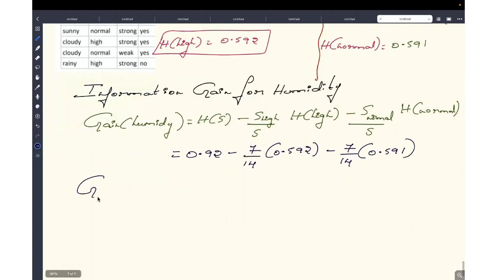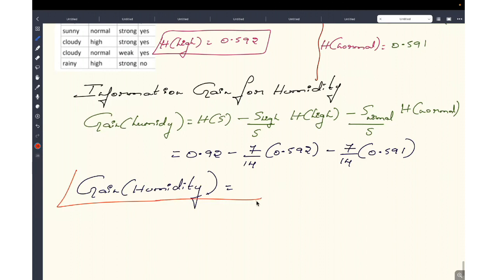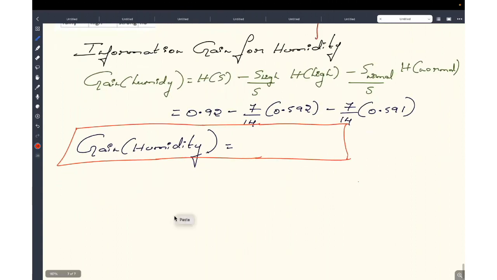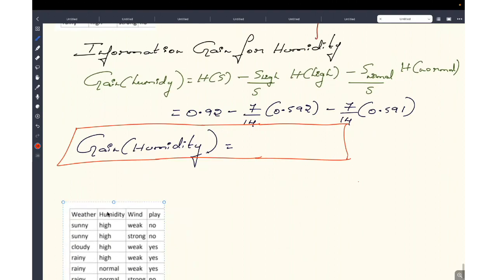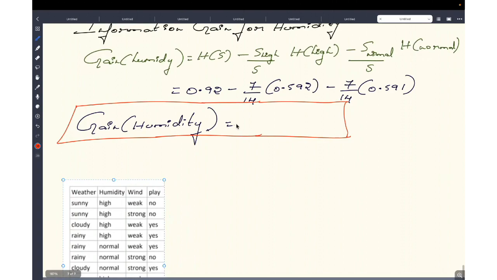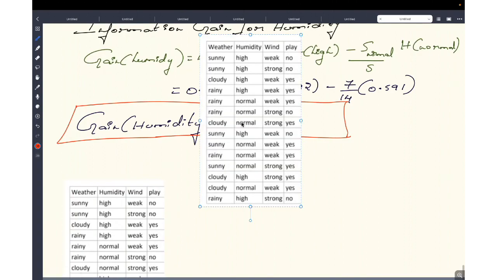So this is going to be the gain of humidity. It's 0.33.